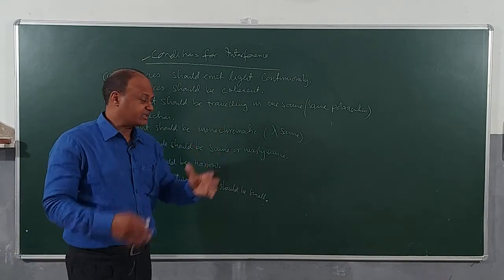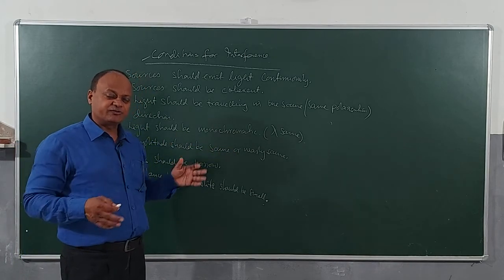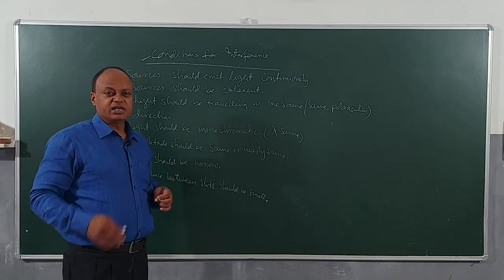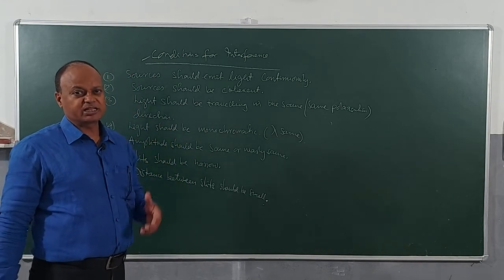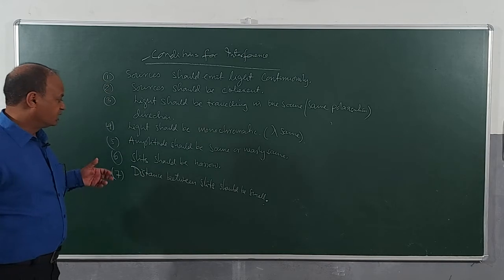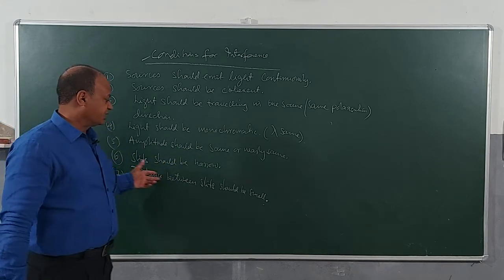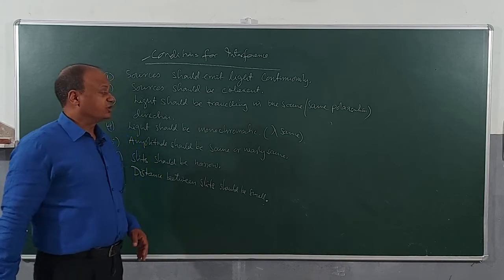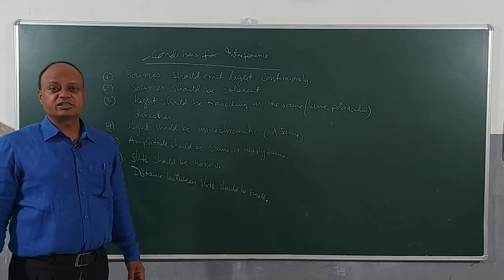There will be greater contrast. Nearly same will also do, but if there is a huge difference, interference will take place, but then contrast will not be so much because the dark spots will not be exactly very dark. Slits should be narrow to have sharp fringes on the screen, and distance between the slits should be small. So, these are some of the conditions which are necessary for obtaining sustained interference on a screen.